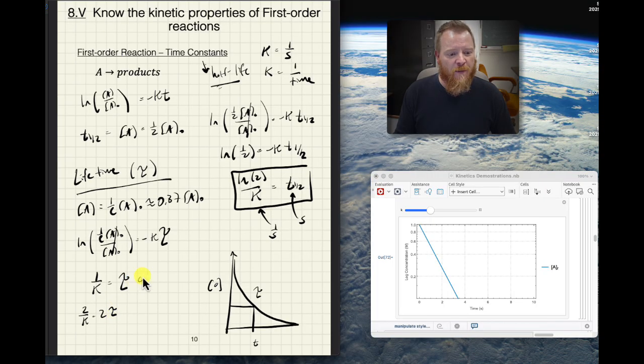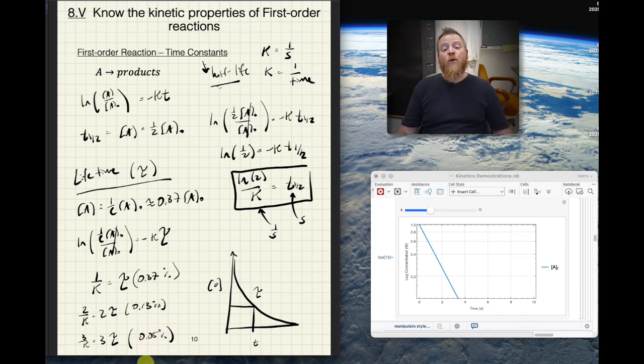So that was about 37% has reacted. 2 lifetimes is about 13% remaining. And 3 lifetimes, 3 over k equaling 3 tau, gives us that about 0.05% of the reactant remains.